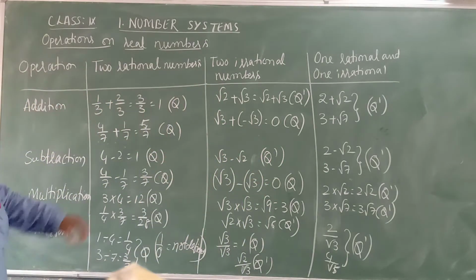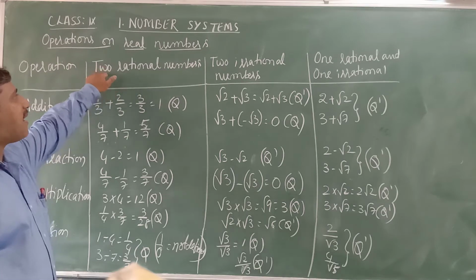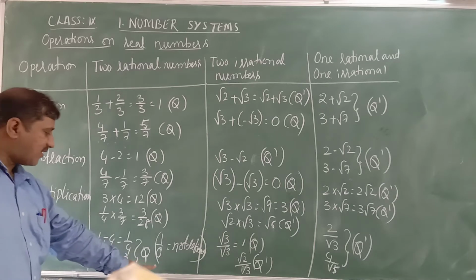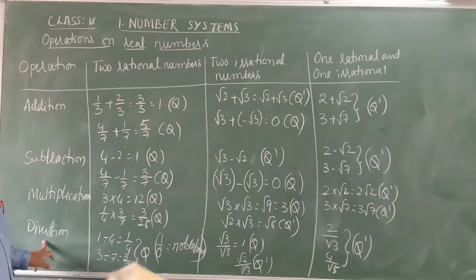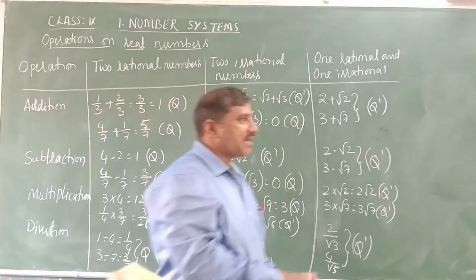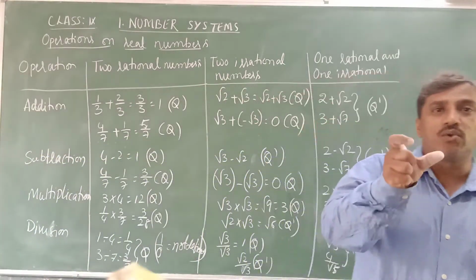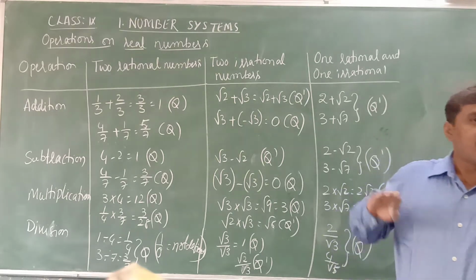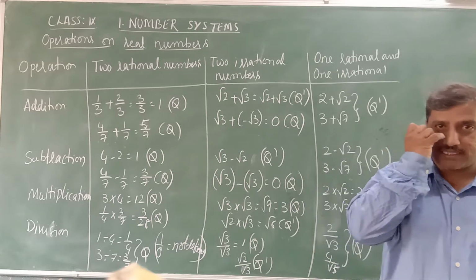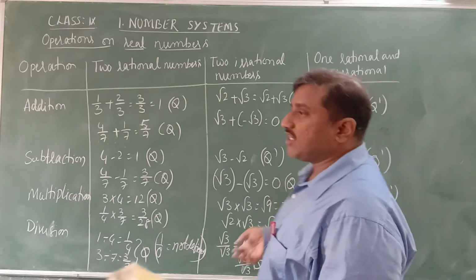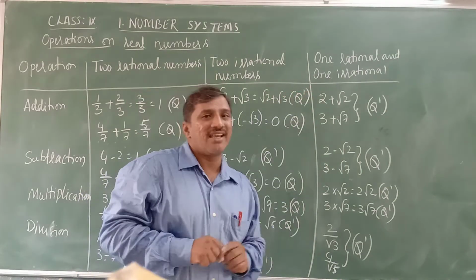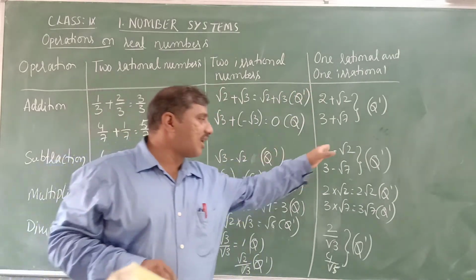The closure property is satisfied by rational numbers under all arithmetic operations except division by 0. What about irrational numbers? It is not satisfied, because the addition, subtraction, multiplication, or division of two irrational numbers is not always an irrational number. Similarly, the addition, subtraction, multiplication, or division of one rational and one irrational is always an irrational number.